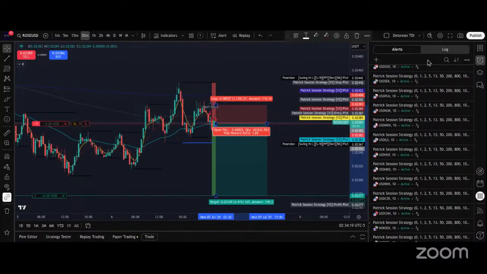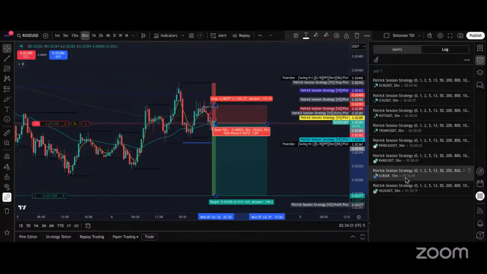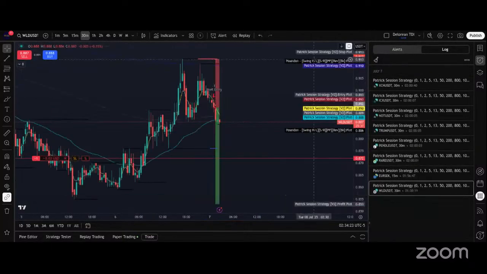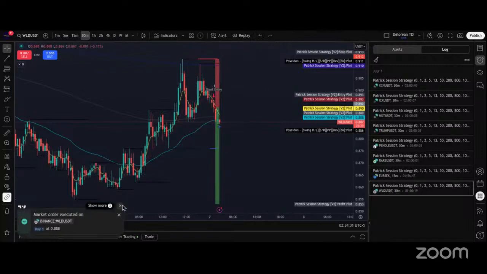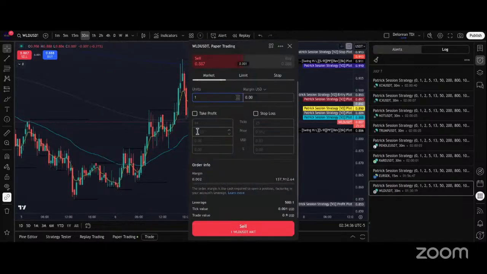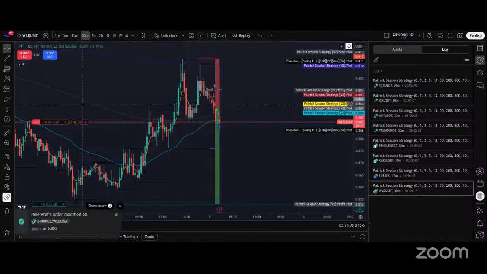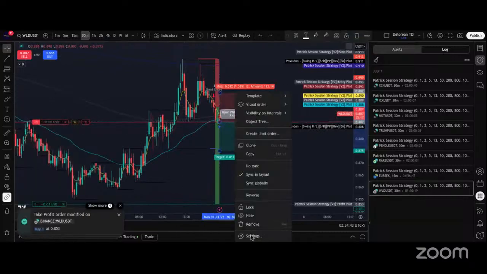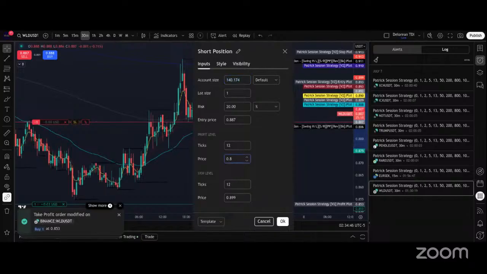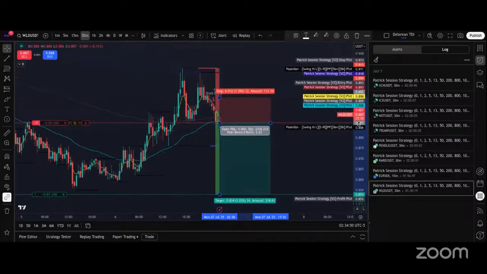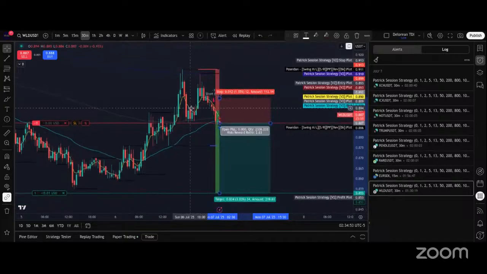Moving on. All right. Got WLD USDT. Going to take this as a sell, targeting 0.853. It's going to be a 2.83 risk to reward ratio.